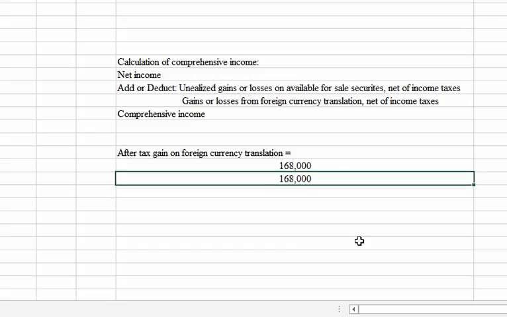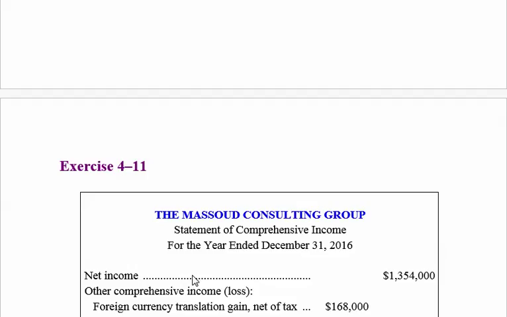So either way, you get 168,000. That's our after-tax gain on the foreign currency item. And we'll show it like this. We'll first list the heading, other comprehensive income or loss, with a colon. Then we'll list foreign currency translation gain, net of tax, 168,000.